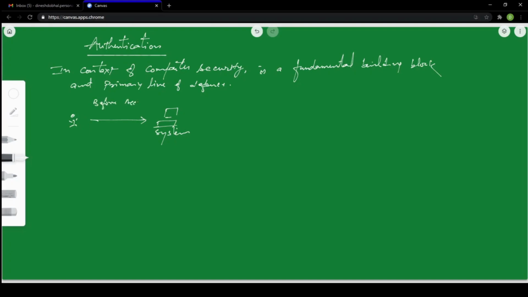Before accessing or logging into the system, the user must be authenticated. Therefore, we are saying that authentication is a primary line of defense. This is the very first step where we can provide security to our system or our resources.